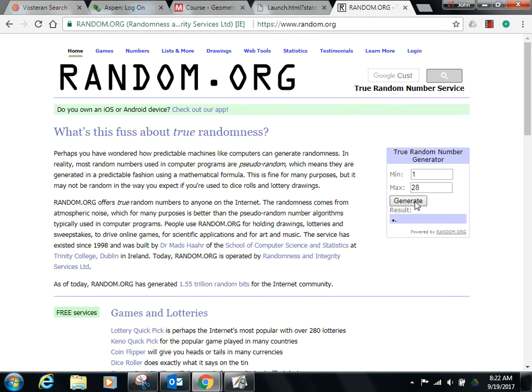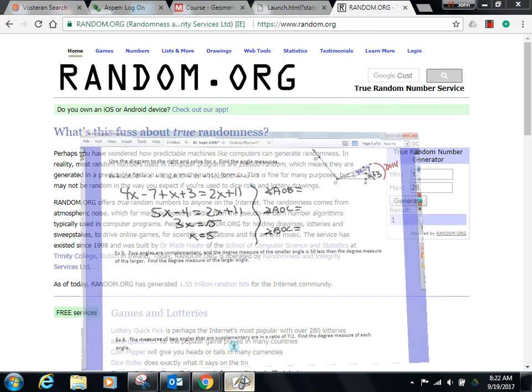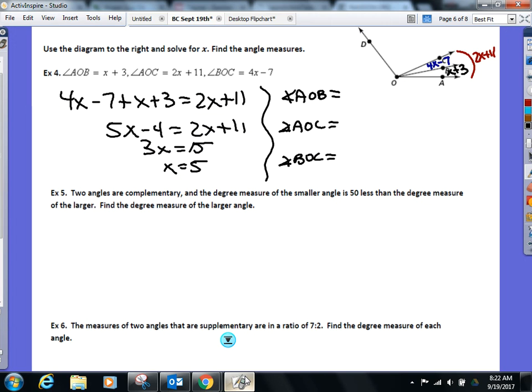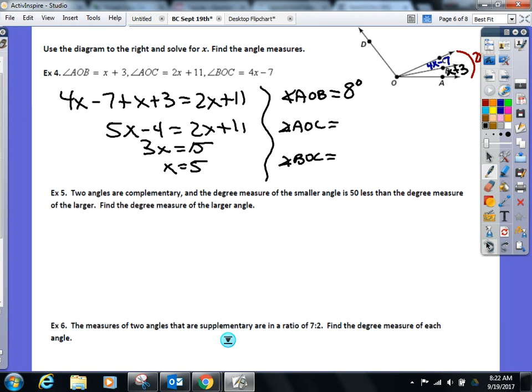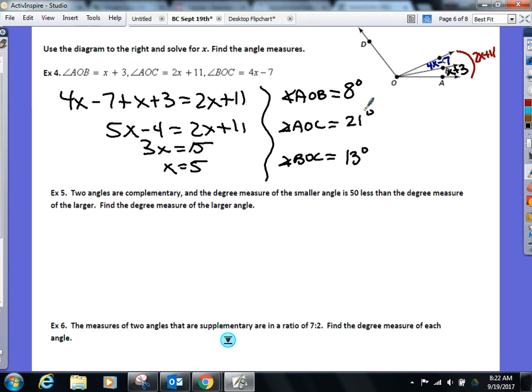Okay. Oh, you can throw a curveball. Go ahead. There you go. And just a quick check. These two should add up to AOC, correct? All right, there we go.